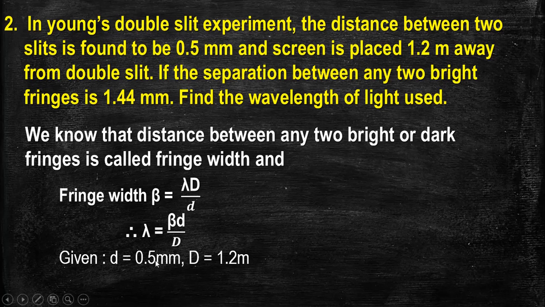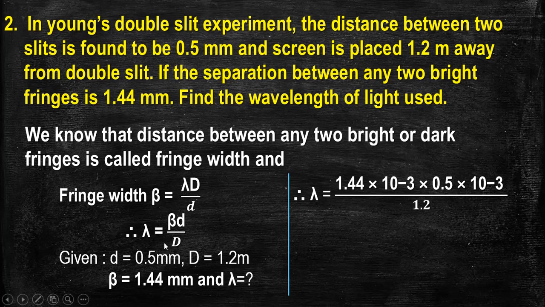Small d is given 0.5 mm, capital D given 1.2 meters, beta 1.44 mm. The question is you have to calculate the value for wavelength. Therefore lambda equal to this formula.